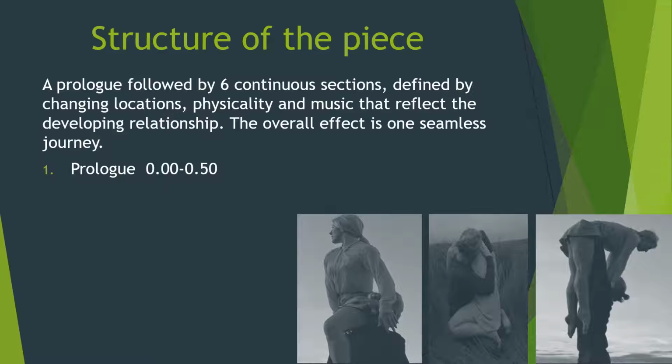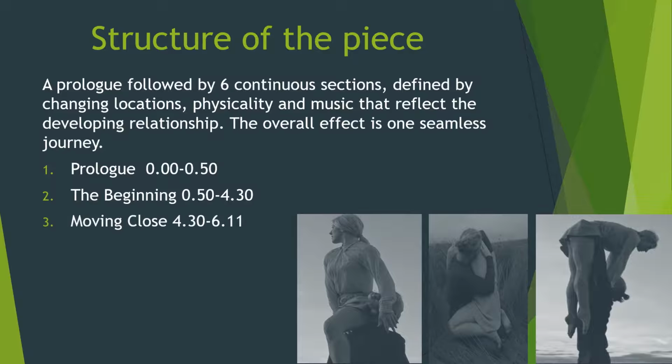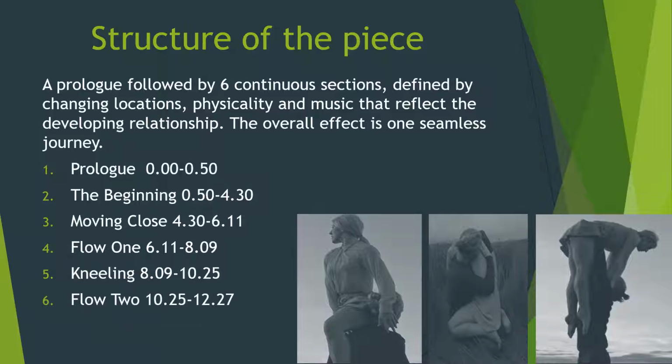So first we start with the prologue, which is a section that we study in detail. Then it's the beginning. Again, that's the second section that we study in detail. Third is moving closer. We don't look at this in detail. Flow 1 is the third section that we study in detail. We do not study kneeling in detail. We do study flow 2, and then we don't look at the floor.